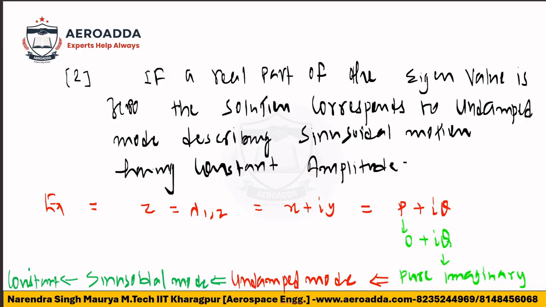Somewhat like this, amplitude constant is undamped. Damped means the amplitude should decrease; that is the damping.